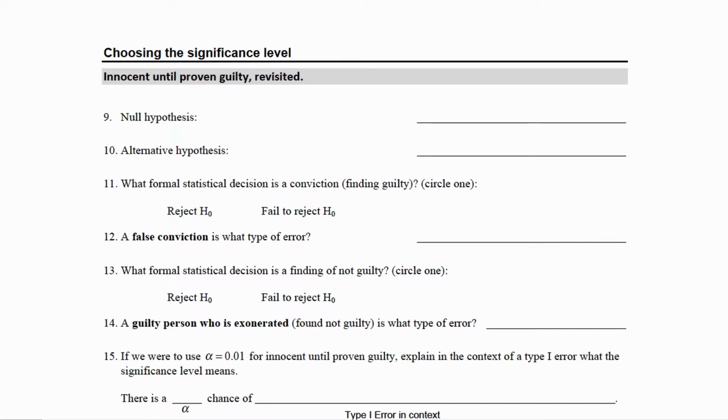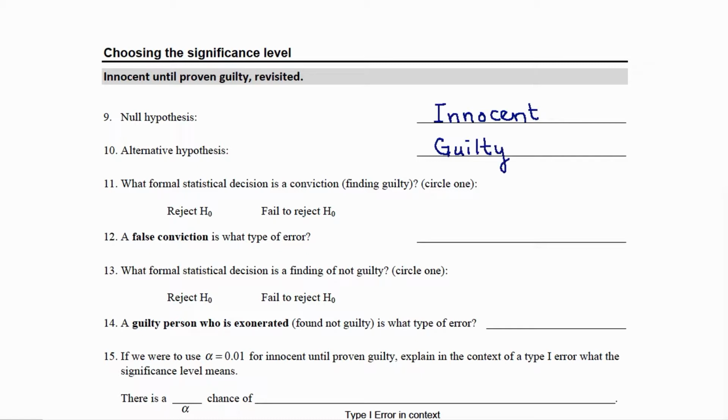Looking at choosing a significance level, let's first revisit innocent until proven guilty. This came up when we were talking about hypotheses, the null and alternative hypothesis, and we said if we're talking about innocent until proven guilty, innocence is assumed and therefore it is the null hypothesis, and guilt is what has to be proven, and therefore guilty is the alternative hypothesis.